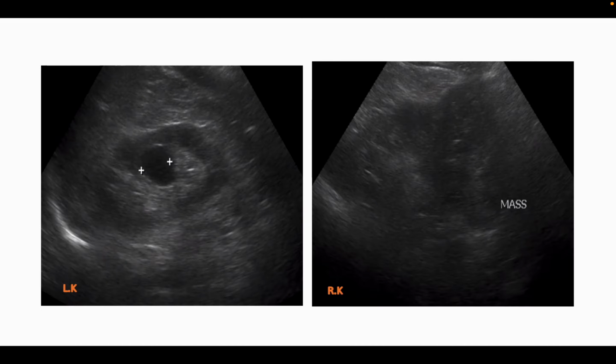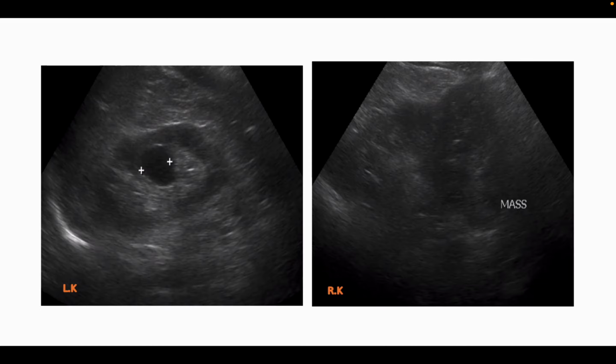So we have got ultrasound images of the left kidney and the right kidney here. On the left kidney, the kidney appears to be normal in size, shape, and contour. And the echotexture is well maintained with normal corticomedullary differentiation. There is a well-defined hypoechoic lesion with normal contour and borders, likely to be a cystic lesion.